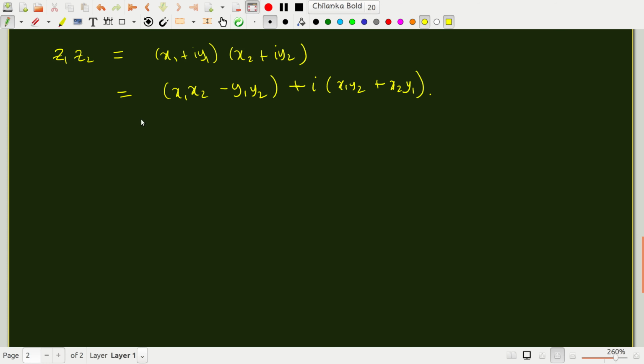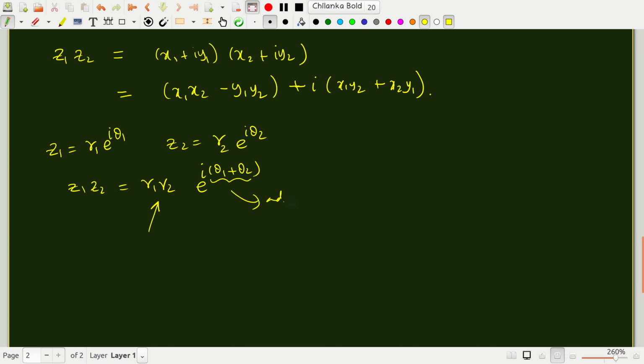But instead of doing this, it's much more elegant to write this as, if z1 is written as r1 e to the I theta 1 and z2 is written as r2 e to the I theta 2, then z1 z2 is r1 r2 times e to the I theta 1 plus theta 2. That is, if you multiply two complex numbers, their absolute values or magnitudes multiply, whereas their arguments add up.